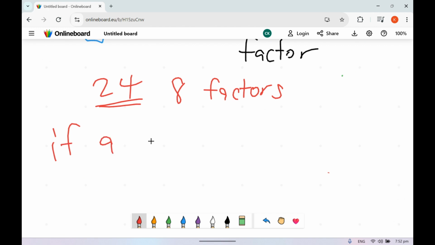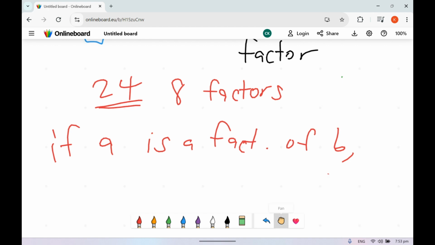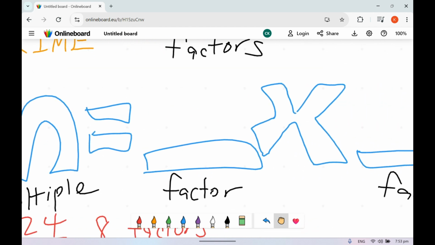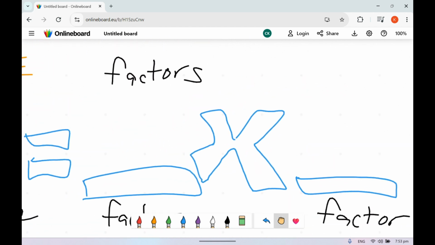If A is a factor of B, that means B is the multiple. Okay, this thing will be called multiple. Just for your extra knowledge, this is multiple. So you see over here, multiple, factor, factor.